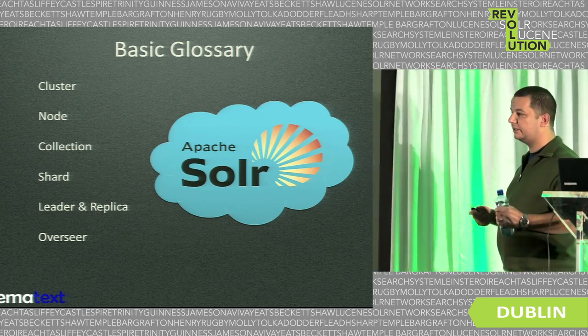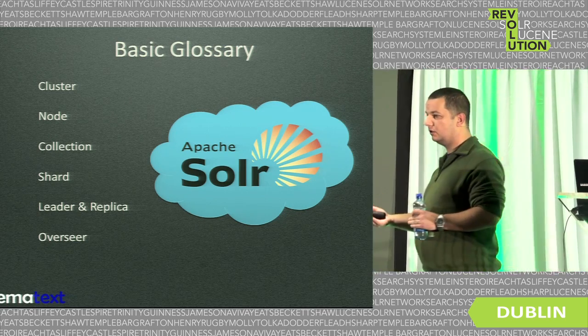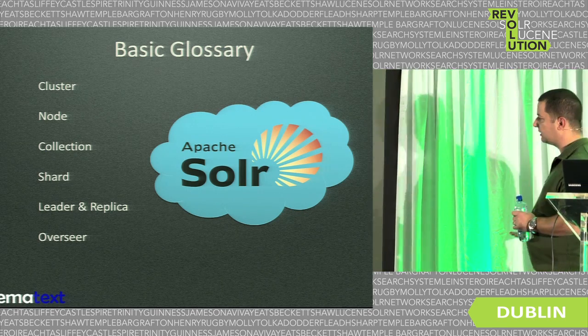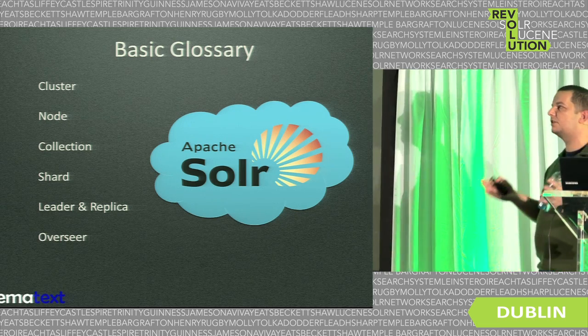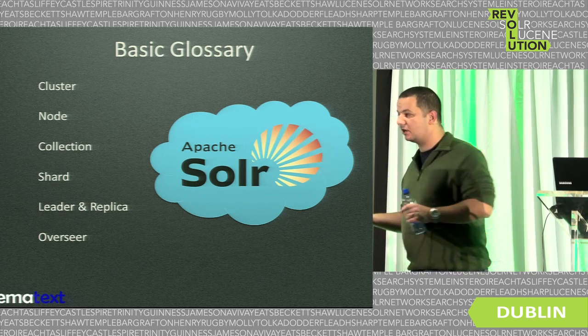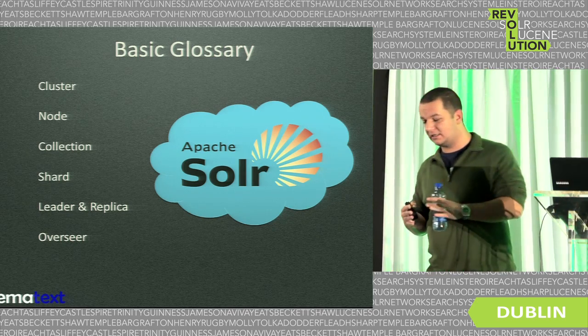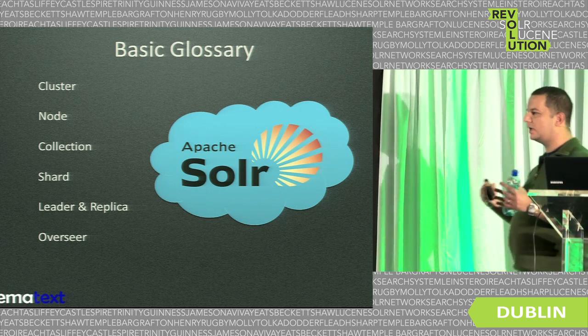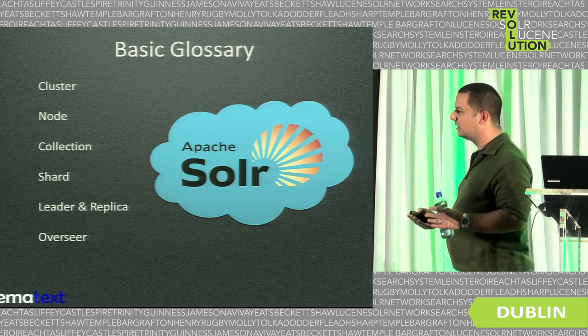A leader shard is the one that the data gets to, and the data then is replicated to all its replicas. Just like with master-slave, with a simplified view, we can imagine that the leader shard is a master and the replicas are the slaves. But it doesn't work that way in the cloud because they can switch roles.